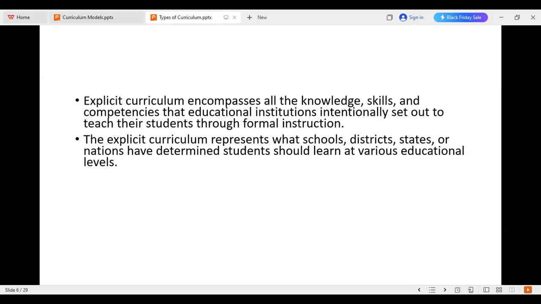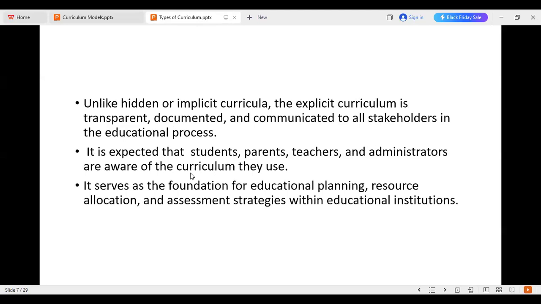The state or nation has determined what students should learn at various educational levels. Unlike the hidden or implicit curricula, the explicit curriculum is transparent, documented and communicated to all stakeholders in the educational process.